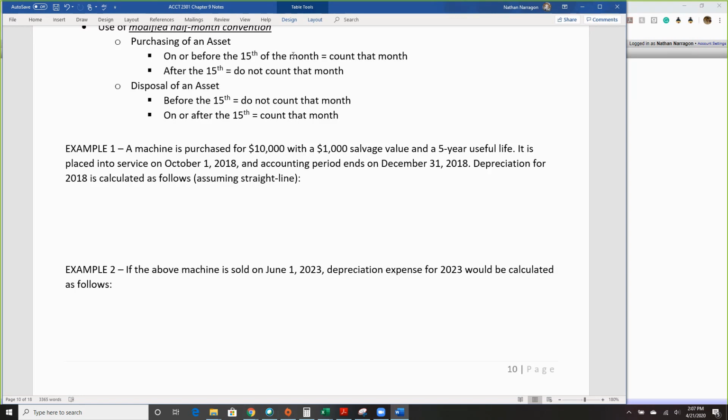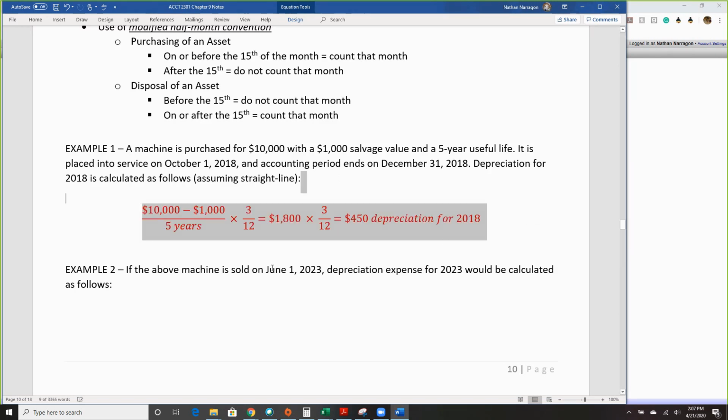So when we calculate these, I'm going to show you the full calculation. We're going to first calculate our straight line, so figure out how much annual depreciation. This is basically 1,800.